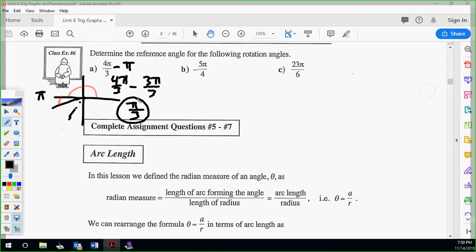Now we have negative 5 pi over 4. Just think about it: we're going negative, and it's a little bit more than 1, so it's going to be right here, right at the top there. We're going to use the same system: negative pi minus negative 5 pi over 4, because we're just doing the opposite.